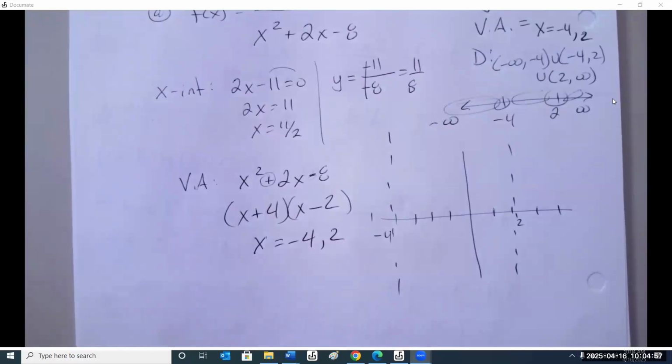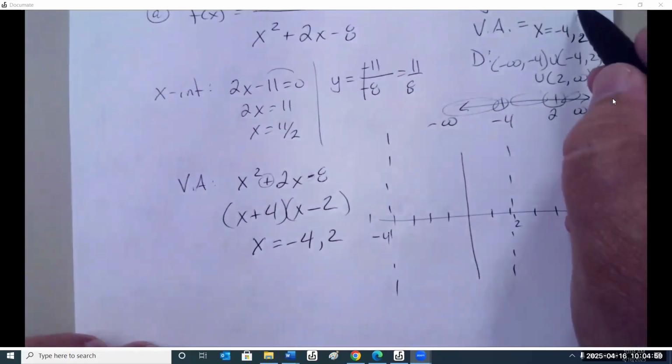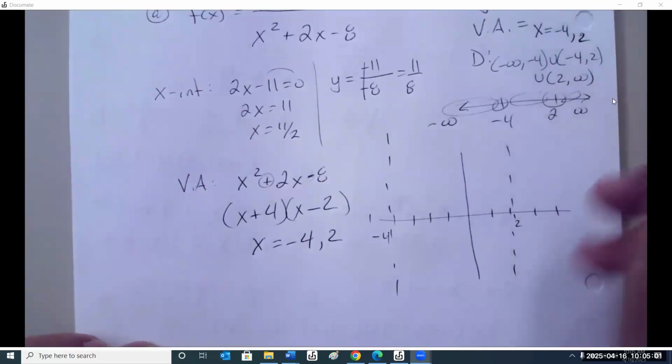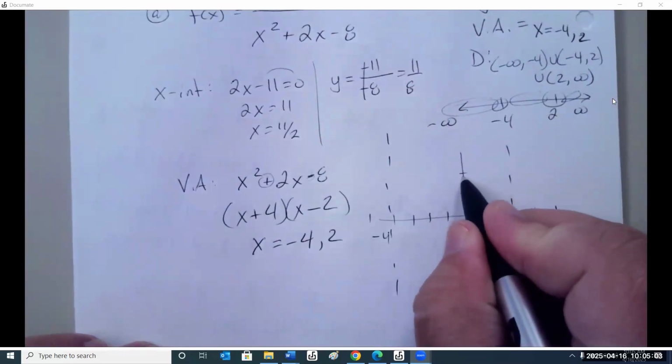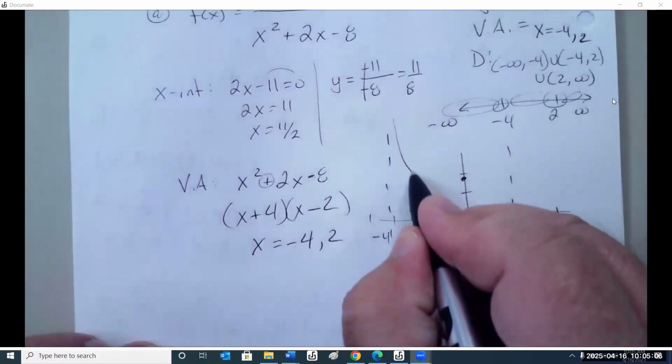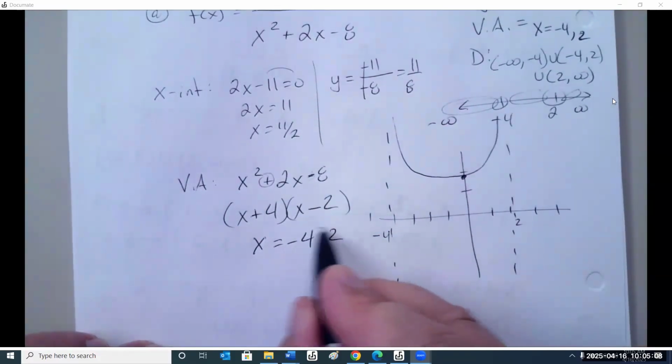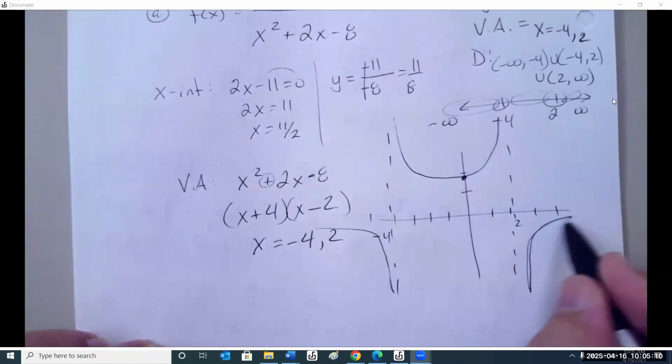So what our graph's going to look like, and we know the y-intercept is 11 over 8, which is 1 1/8. So our graph looks like something like this.